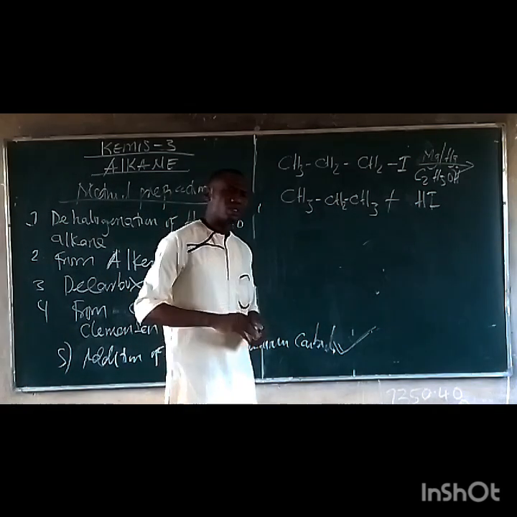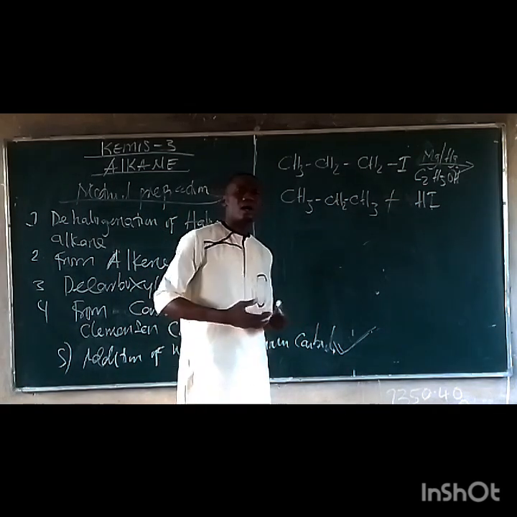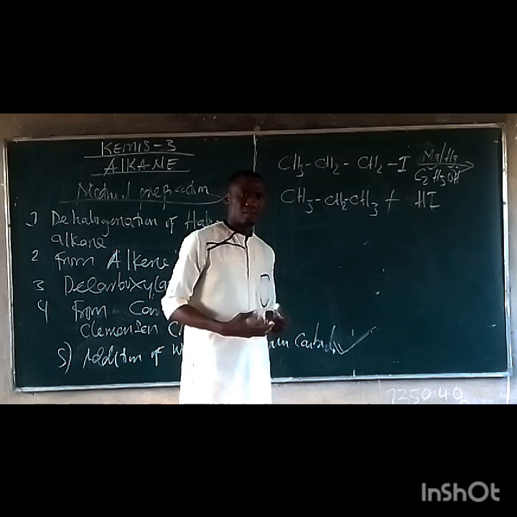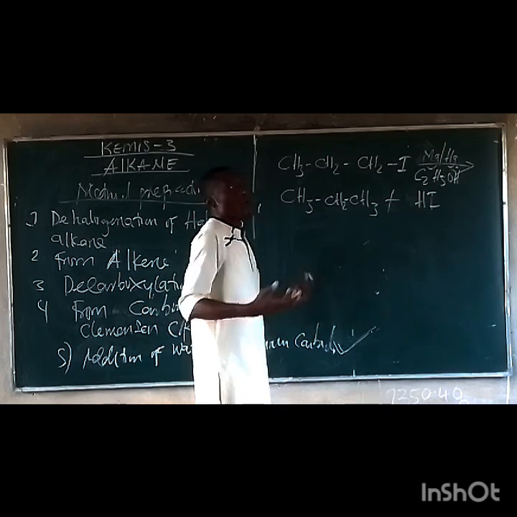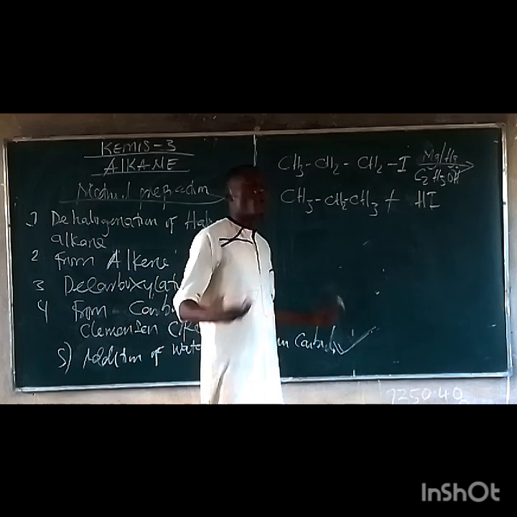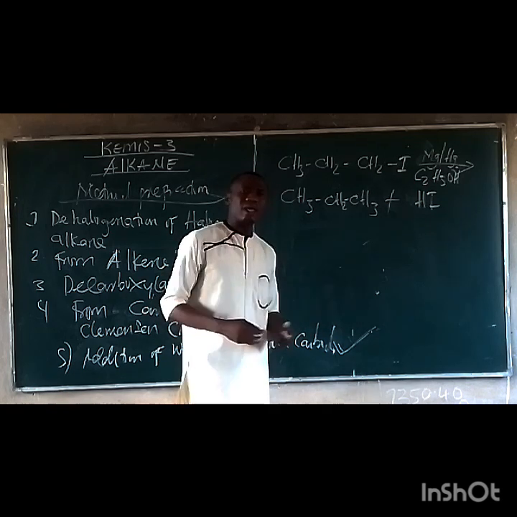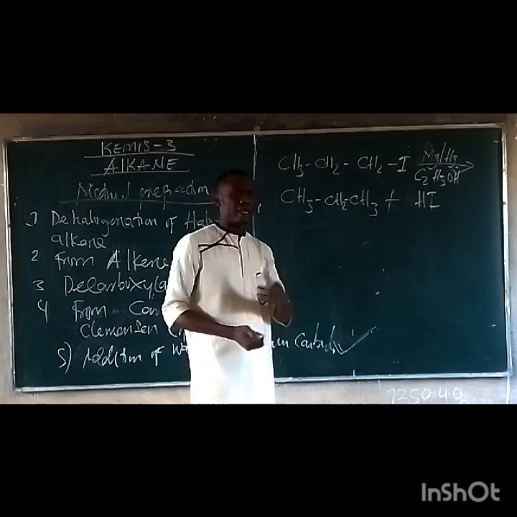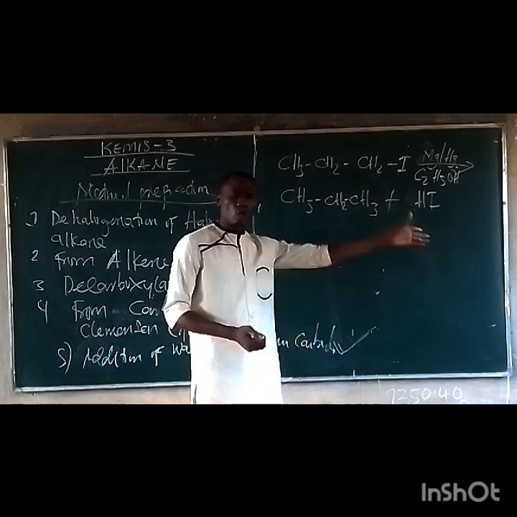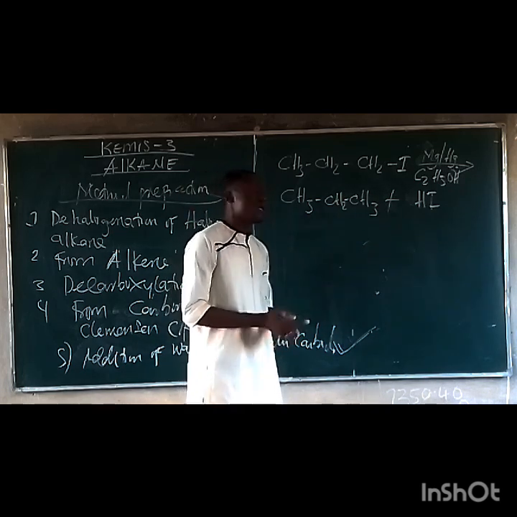You ask the question, how do we use bromoalkane? Maybe we have bromopropane or chloropropane. It's possible. But the commonly used halogenoalkane is the iodoalkane.